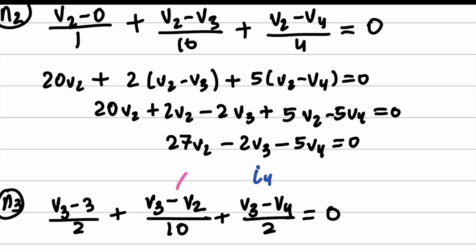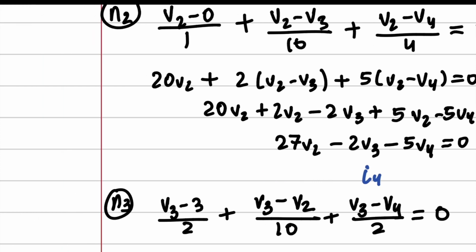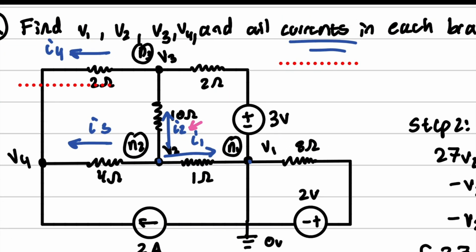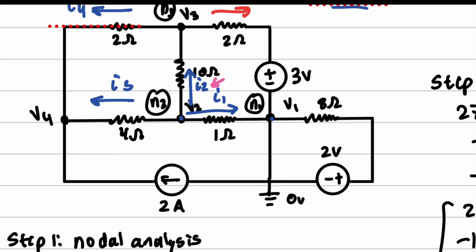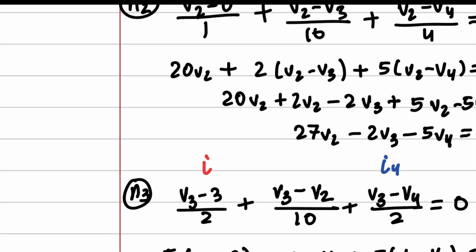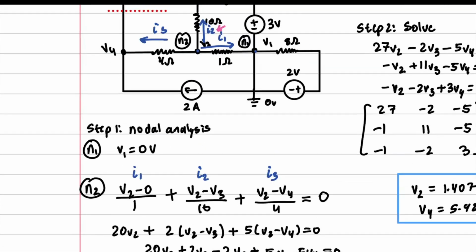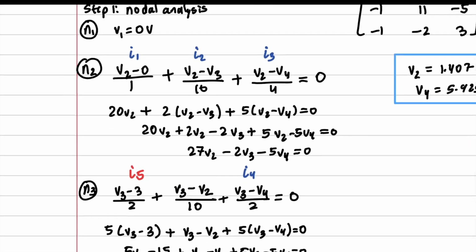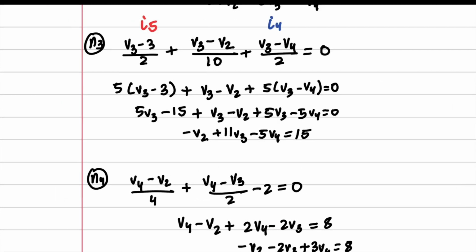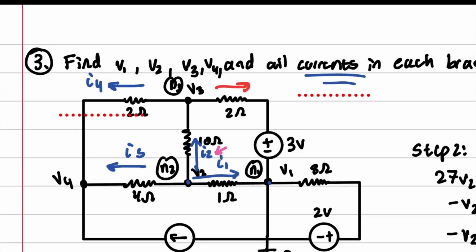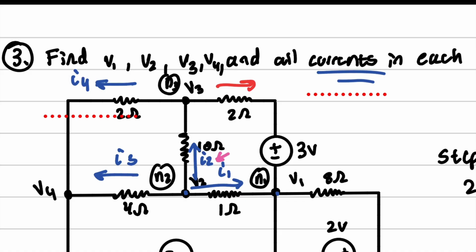So let's go ahead, and I'm going to write this one in a different color. I5. Now, is this one labeled yet? No, it's not. And then finally, let's see, V4 to V2. It's already labeled.